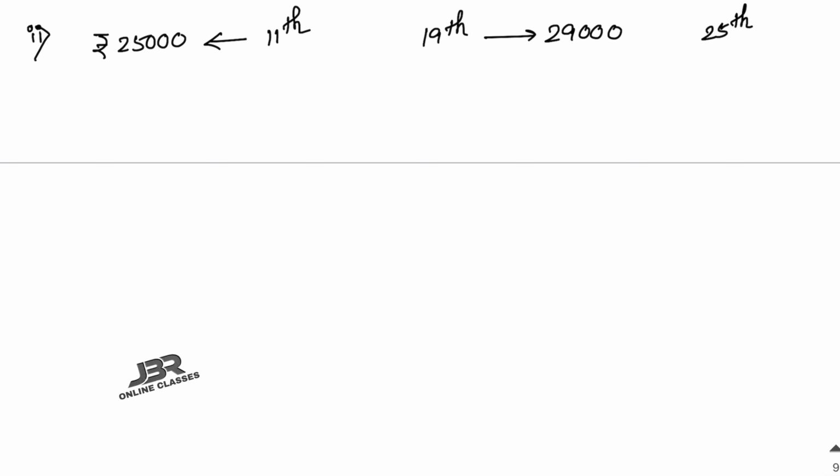So you can write down the 11th year salary as 25,000. So A11 is 25,000, and A19 equals 29,000. You have to find out A25.